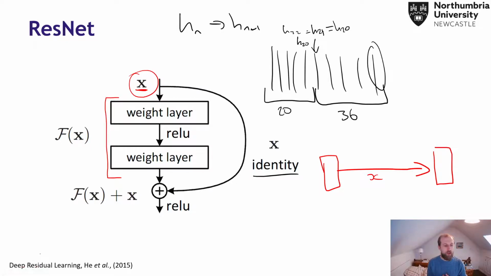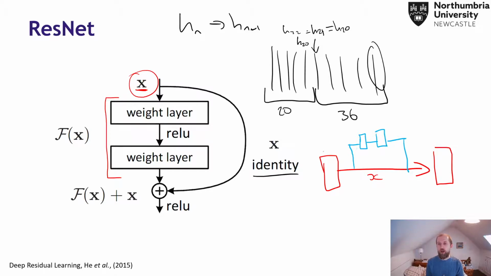But now we have this additional path, which is going to do some computations, and that is going to work out what differences you need to get a slightly better representation here.